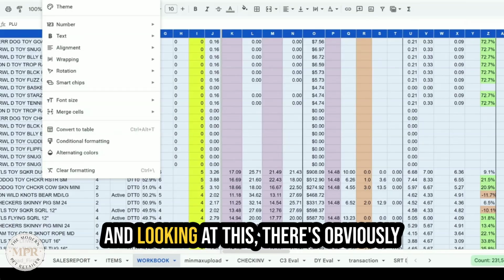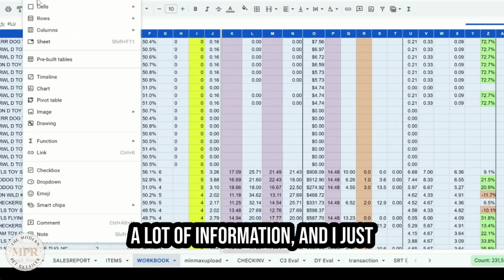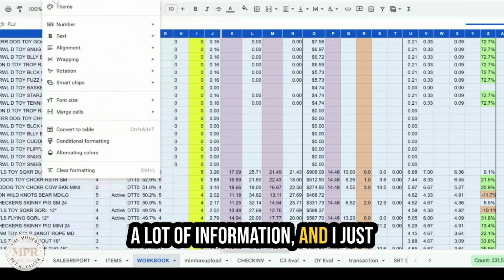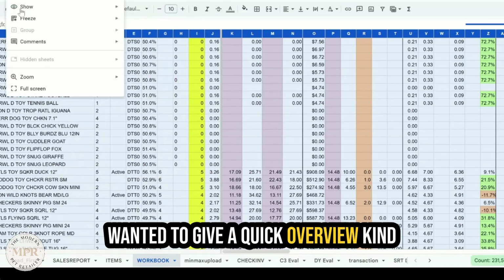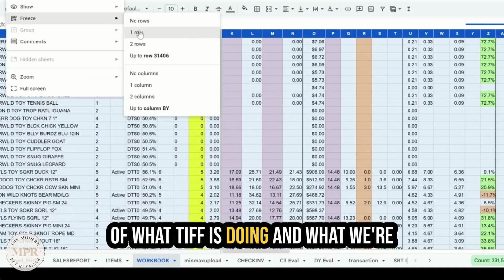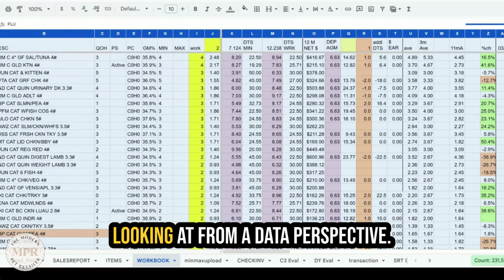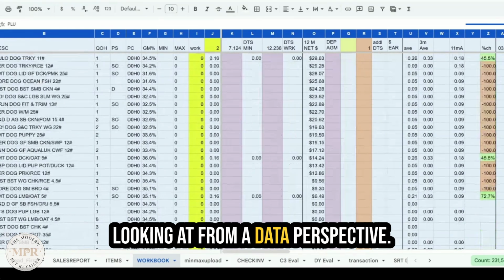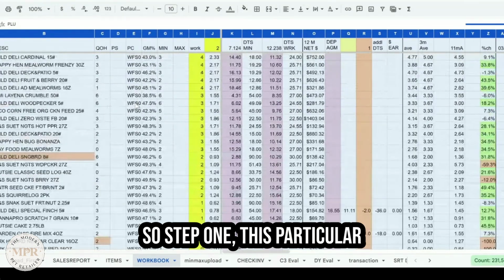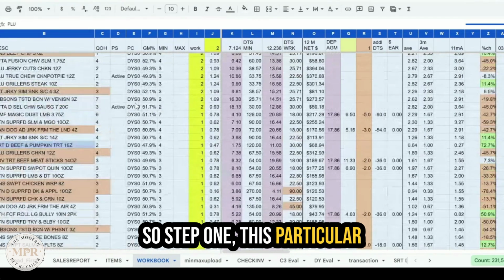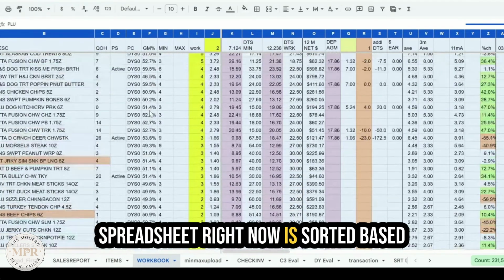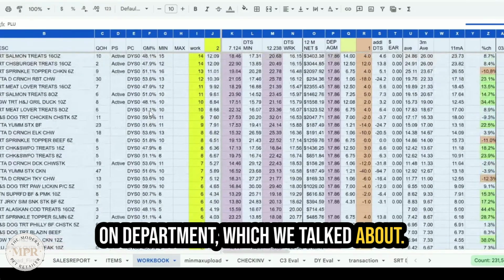And looking at this, there's obviously a lot of information. I just wanted to give a quick overview of what Tiff is doing and what we're looking at from a data perspective. So step one, this particular spreadsheet right now is sorted based on department, which we talked about.